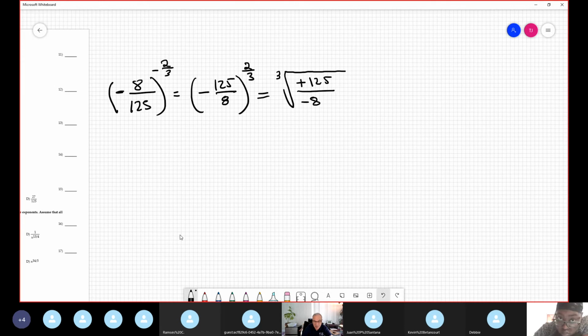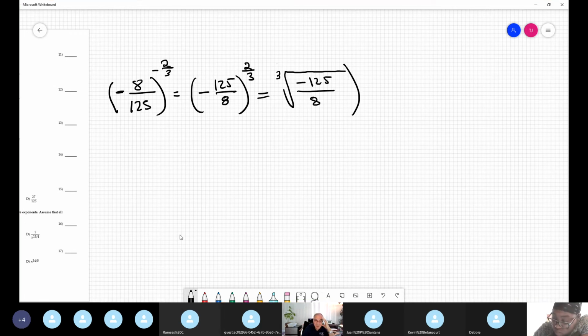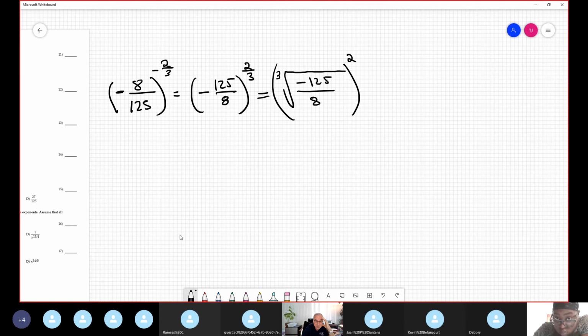In my mind, I like the top part to be negative, but it's okay. And don't forget the square. This 2 is that 2. So the 3 is the index of the root, and the 2 is the power. I highly recommend doing the root first. It's the cubic root of negative 125 over the cubic root of 8, and everything is squared.